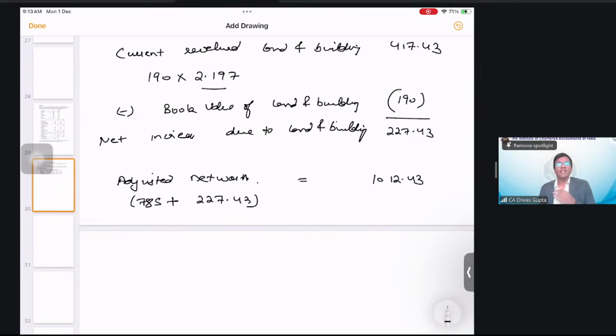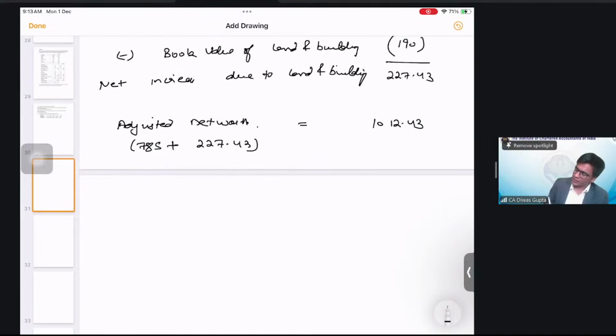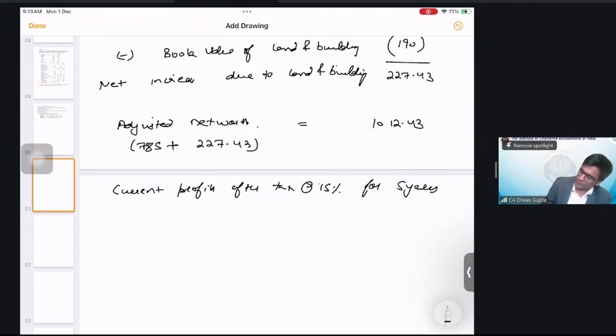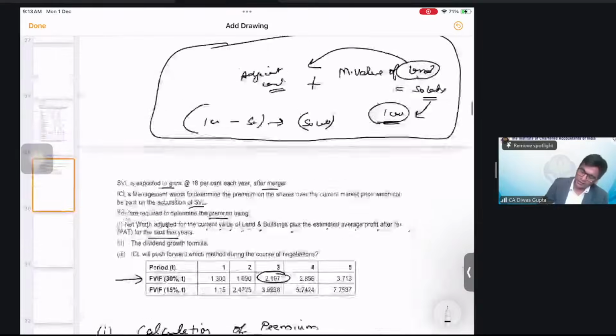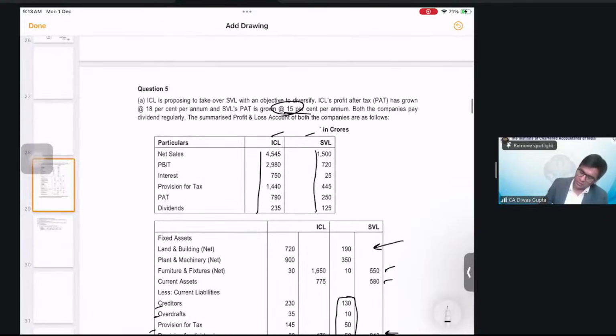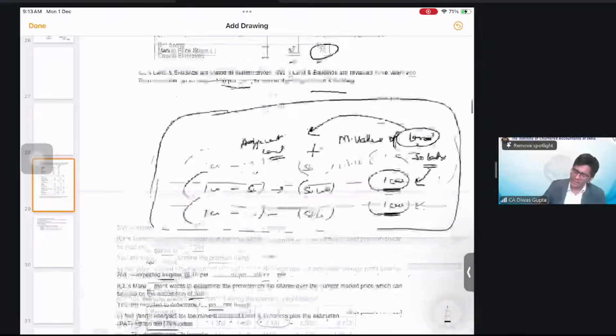Then we will also see what we are getting in the next 5 years. So the current profits after tax at the rate of 15% for 5 years. So 250, which is their current profit, right? That will grow at the rate of 15% per annum for the next 5 years.